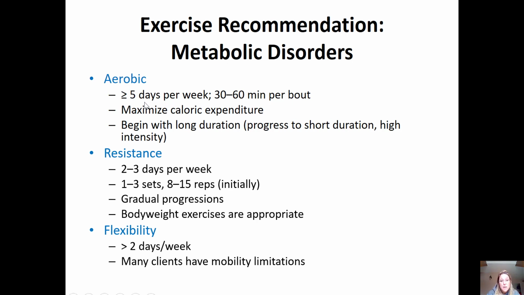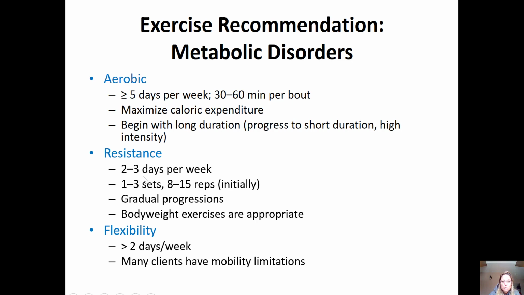So we need to be doing cardio for this group a lot. So 30 to 60 minutes per exercise bout. We want to maximize their caloric expenditure and burn as many calories as we can because these individuals are generally going to be overweight to obese. Begin with long duration exercise at a lower intensity and progress to short duration exercise, if you can, over a period of time using high intensity exercise because that's going to maximize your caloric burn.